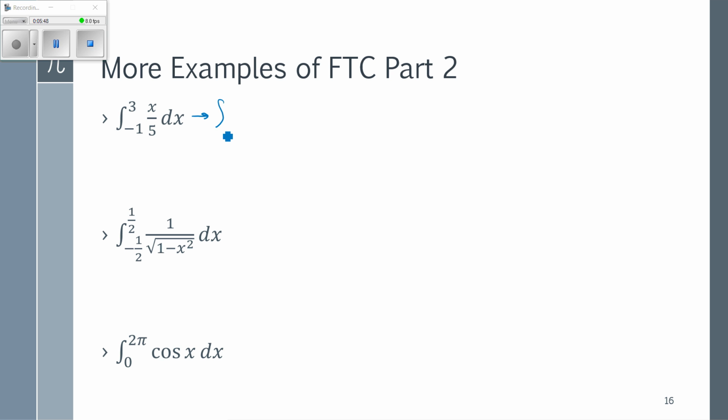So I can think of this as the integral from -1 to 3 of 1/5 x. Well, the antiderivative of 1/5 x will be 1/10 x squared from -1 to 3. Plug in the upper bound first, so 9/10, minus plugging in the lower bound, which is going to be 1/10. So I get 8/10.